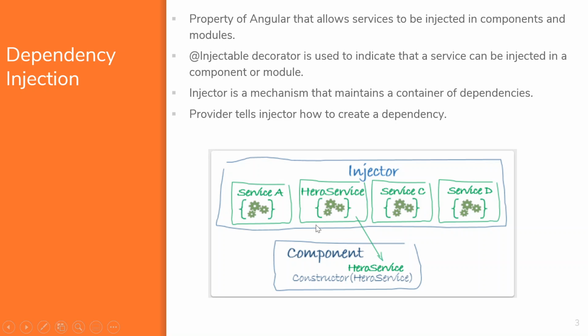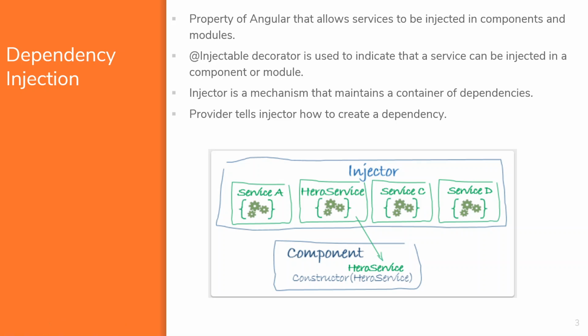So the app component might have a dependency on the hero service, and the hero component may have a dependency on service C, but there should be some mediator which will inject those dependencies as and when needed in the components. That functionality is done by the injector. It maintains all the services needed by all the components, and whenever the component is displayed, it will inject this service, and the service will be called from the component.